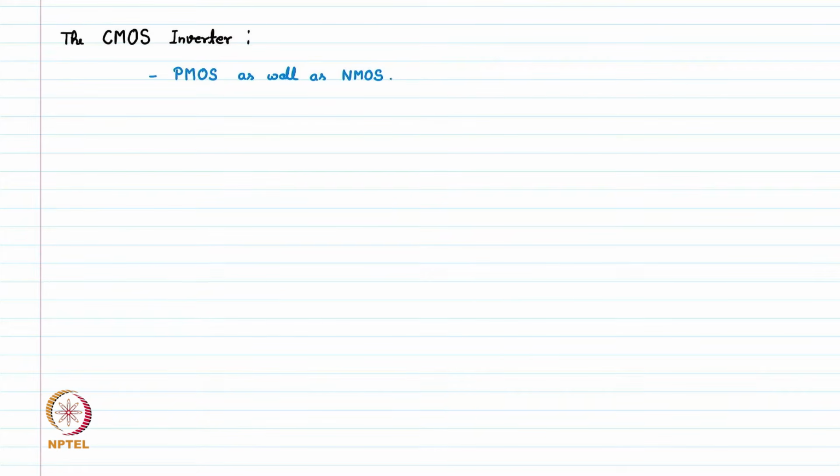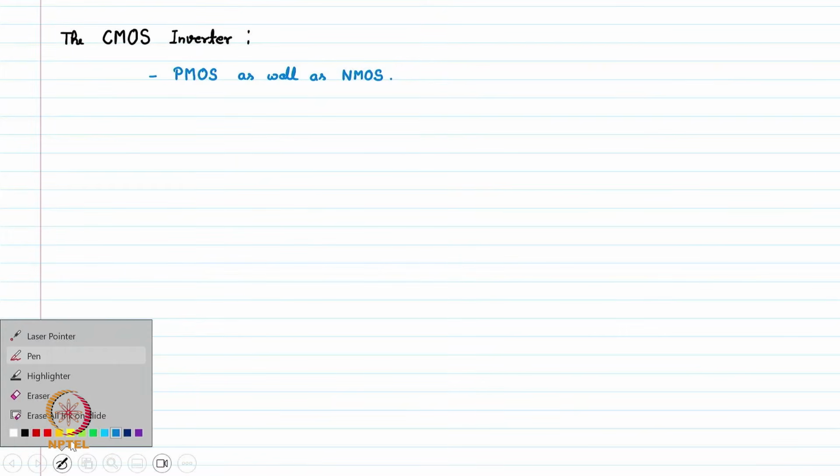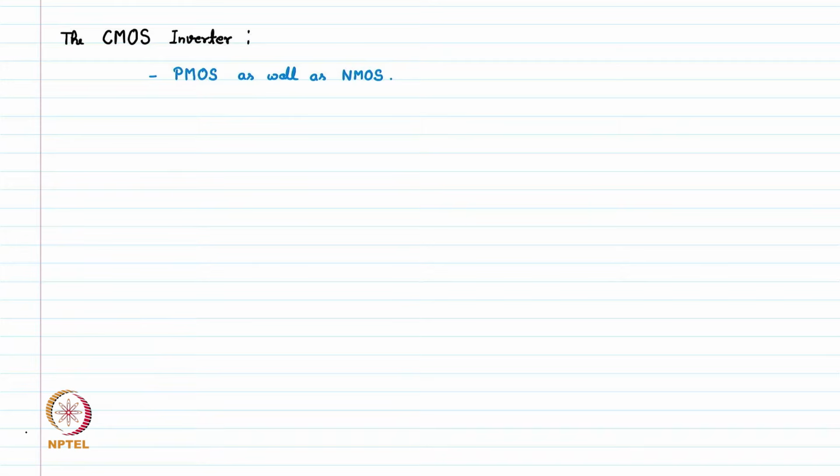Both of these devices are used. The basic structure of a CMOS inverter is something like this. We have a power supply which is VDD. From this supply we connect a PMOS device.